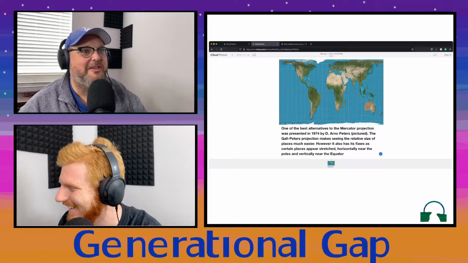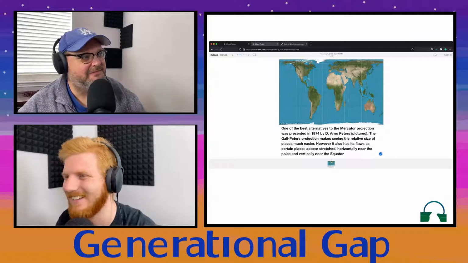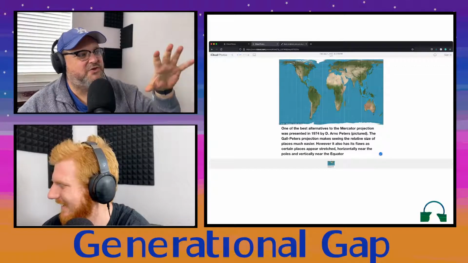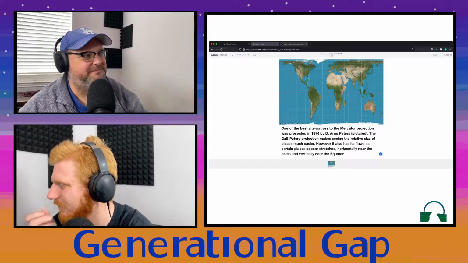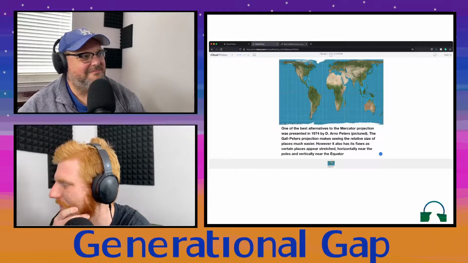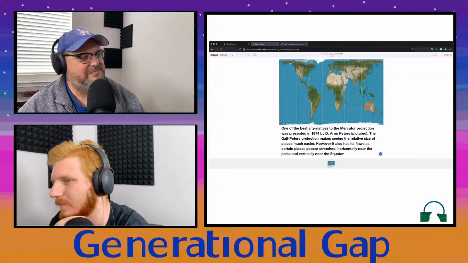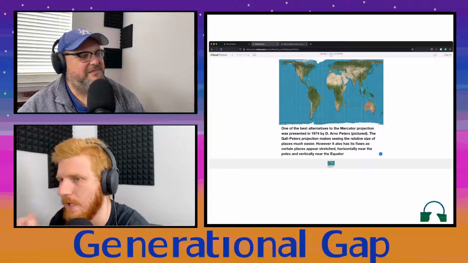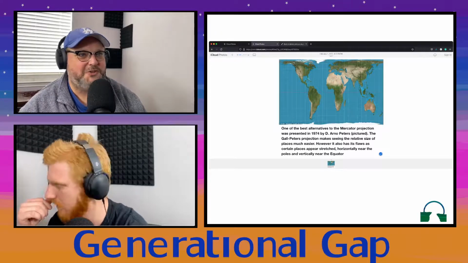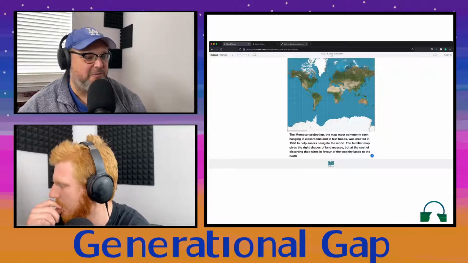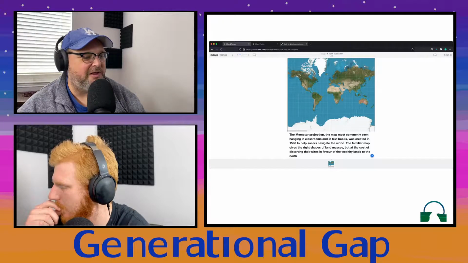If you look at a map today, you'll likely see that North America is larger than Africa, Alaska is larger than Mexico, and China is smaller than Greenland. In reality, China is 4 times the size of Greenland. 4 times bigger than Greenland. Okay. Africa is 3 times larger than North America, and Mexico is larger than Alaska.